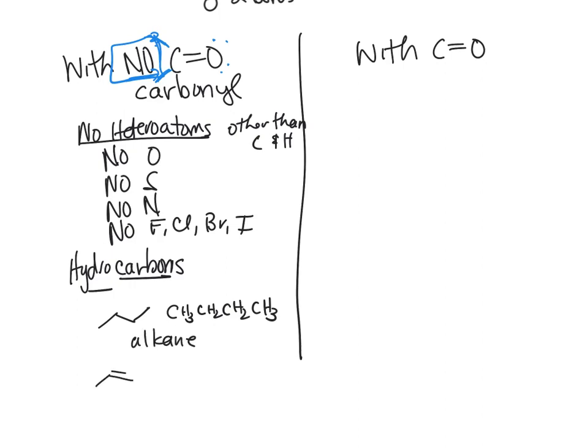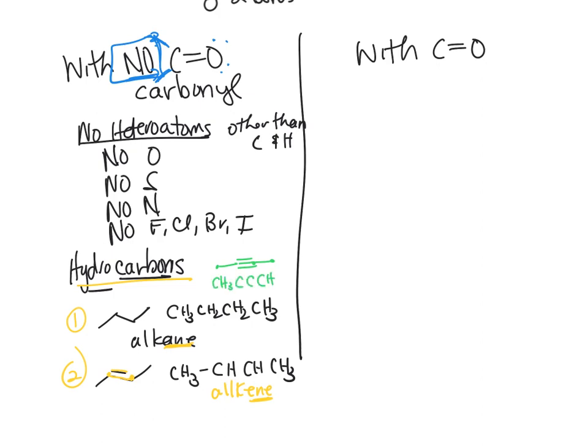You have something like this: CH3, CH, CH, CH3, and this has a carbon-carbon double bond here. That is not an alkane, but an alkene, E-N-E. And these are the hydrocarbons. You can also have something like this: CH3, carbon, carbon, CH3.